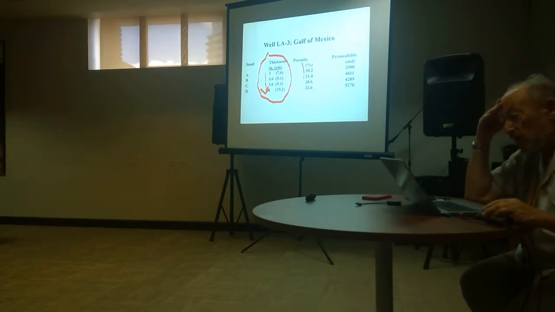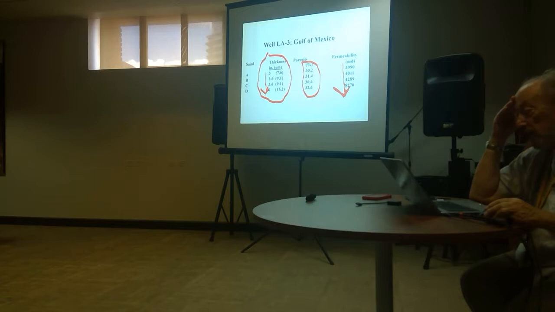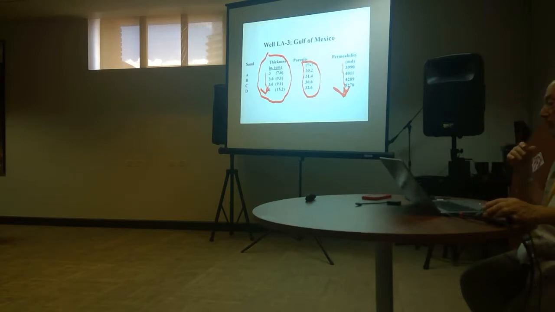You can see the porosity changes a little bit, but not too much, but here you see a systematic increase downward of your permeability. So even in very thin beds, you get that sort of relationship.